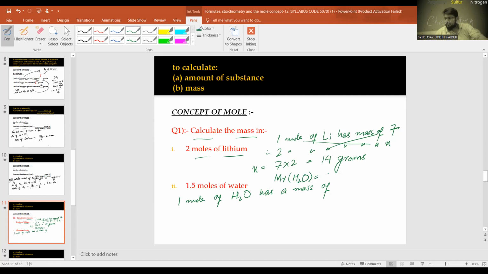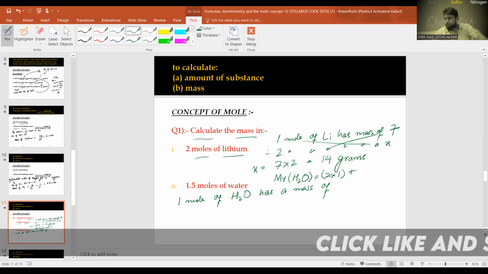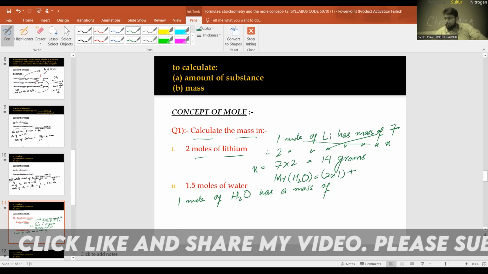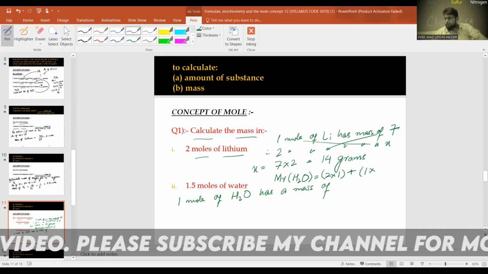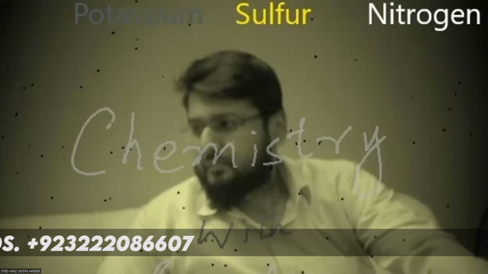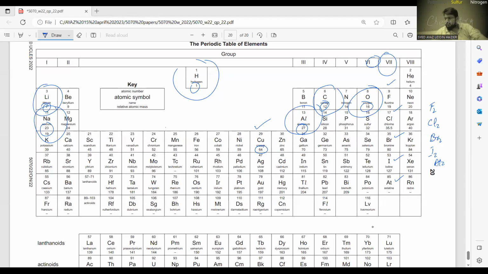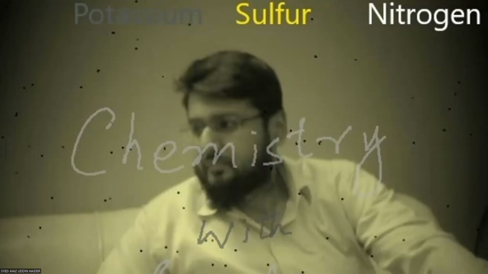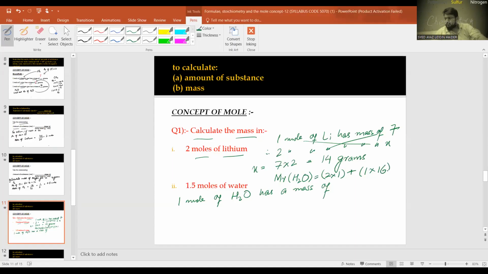So I will multiply 2 by 1. Plus, we have 1 atom of oxygen. I will multiply 1 by AR of oxygen. AR of oxygen is 16. So I will write 1 multiplied by 16. If you add this up, you will get 18. So 1 mole of water has a mass of 18 grams.